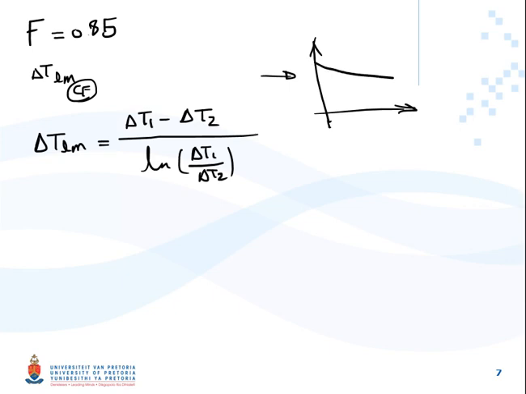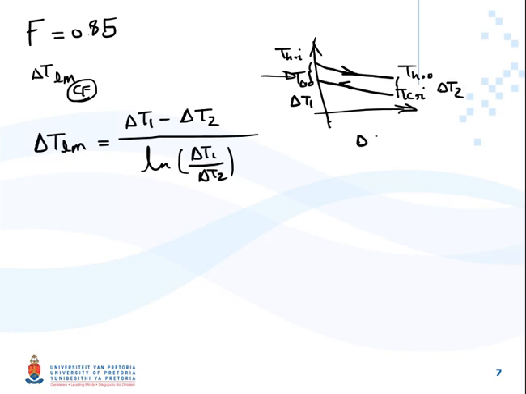For example, now we are speaking about counterflow. So this is hot inlet, hot outlet, cold inlet, cold outlet. This is delta T1 and this is delta T2.